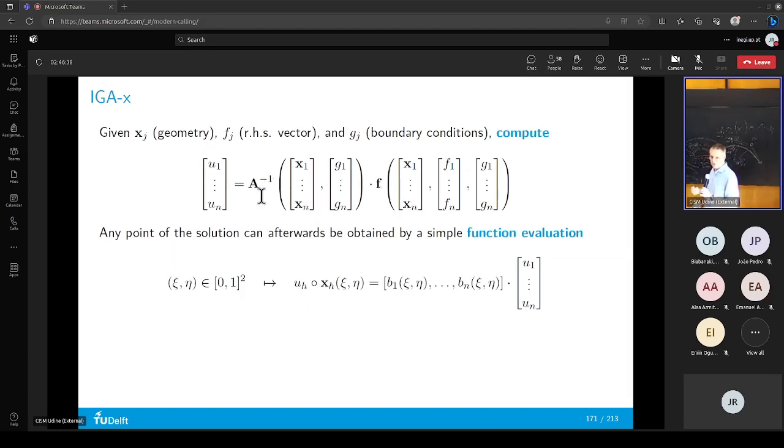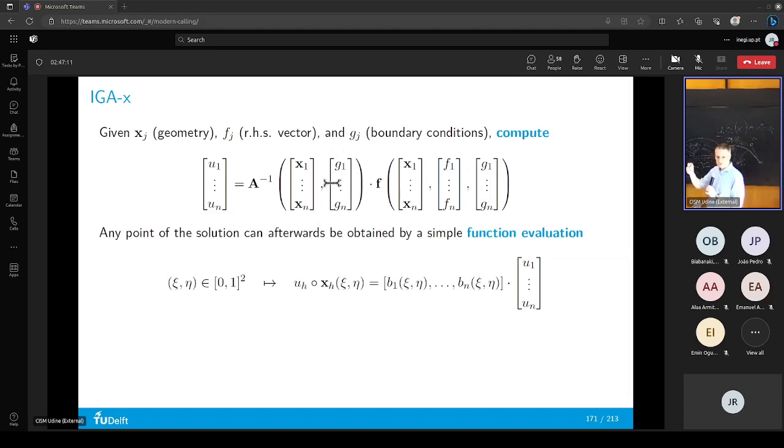I mean, we never invert, we solve a linear system, but technically inverting the system matrix and multiplying it with the right-hand side. What does it mean? The system matrix and the right-hand side depend on the geometry, true, that is how we integrate. The right-hand side depends on the right-hand side, also true. And both the system matrix and the right-hand side depend on the boundary condition.